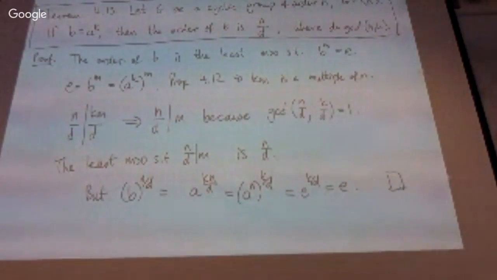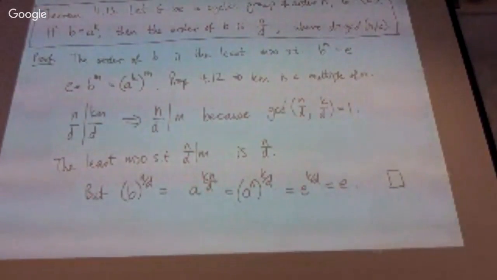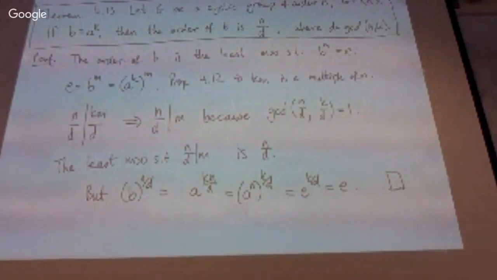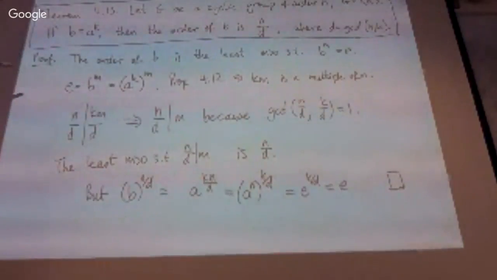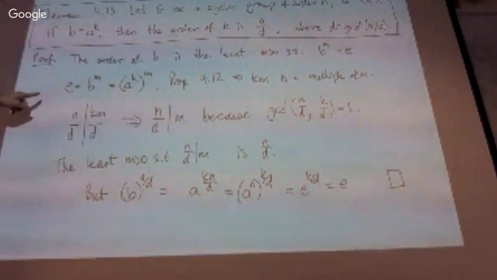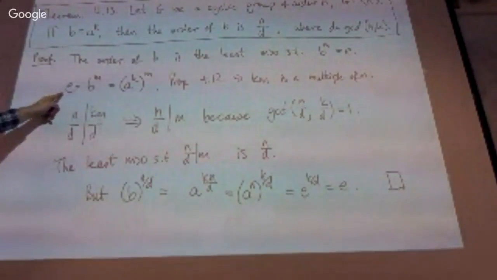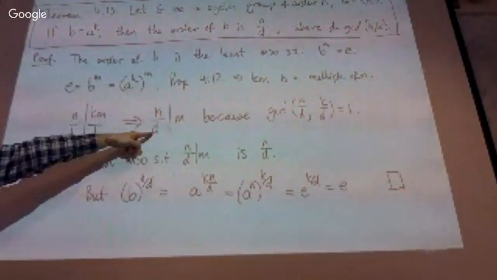Okay, so I'm trying to find the idea of this. I got lost myself. I'm looking for the order of b. So I say m is the order of b. Now, if m has this property that b to the m is e, then we derive that m is necessarily a multiple of n over d.